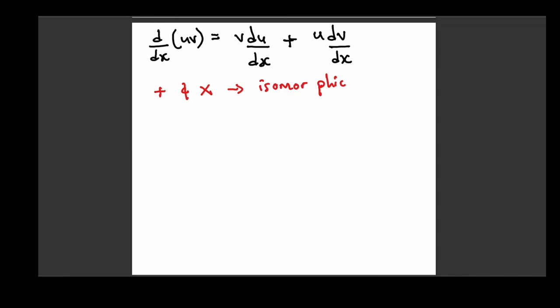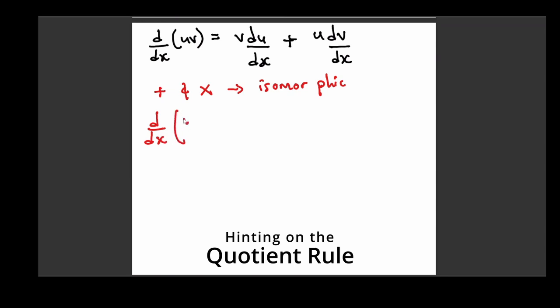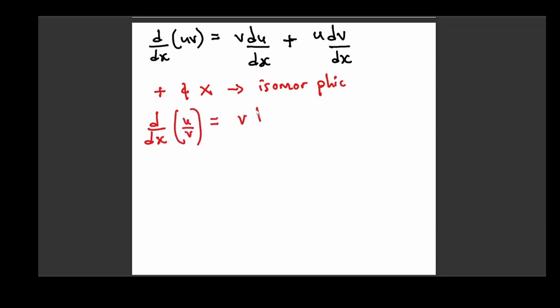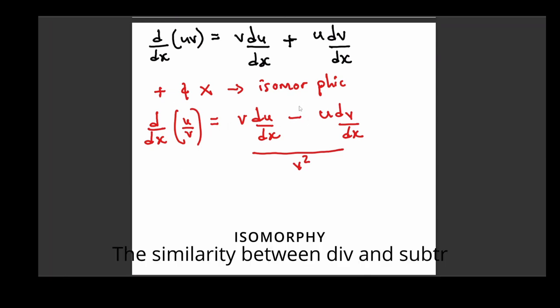If we had to quote the quotient rule, which is d/dx of u over v is equal to v du/dx minus u dv/dx all over v squared, you also note that isomorphy also applies to division and subtraction.